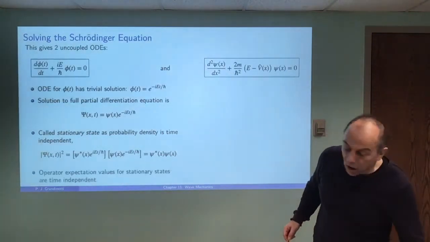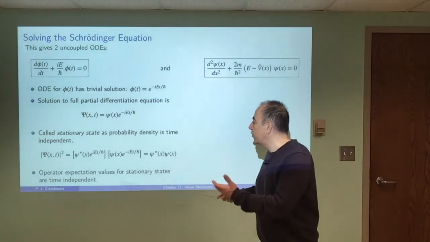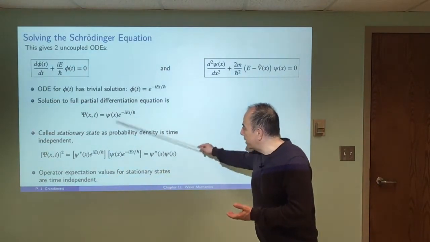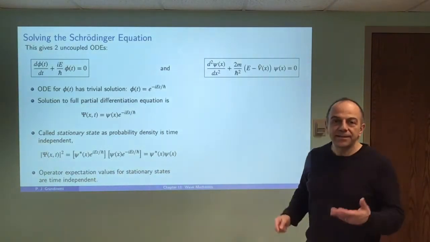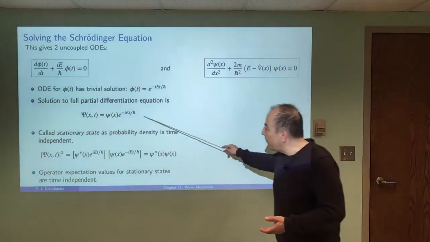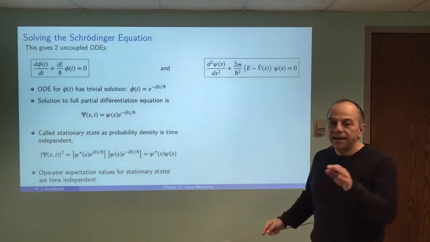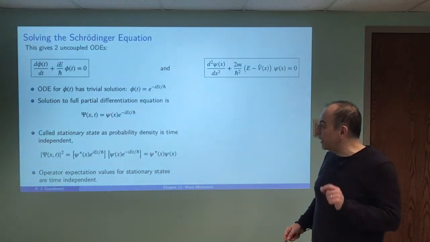That means that all observables that you calculate from any kind of operator expectation values with this state are also going to be time independent. So if your wave function has this form, then you have what's called a stationary state, and the probability density is independent of time.